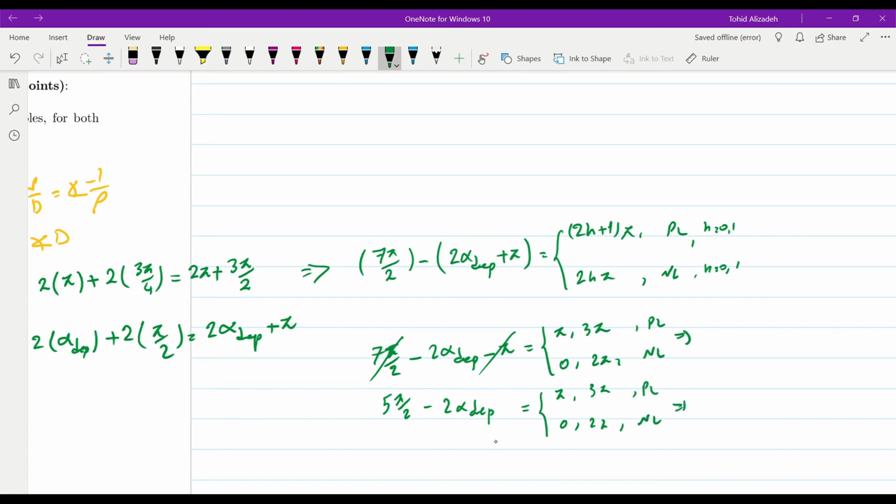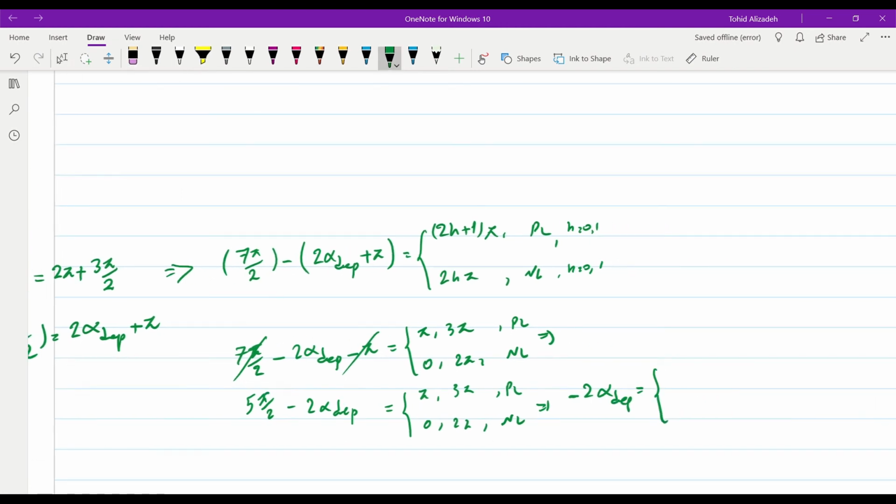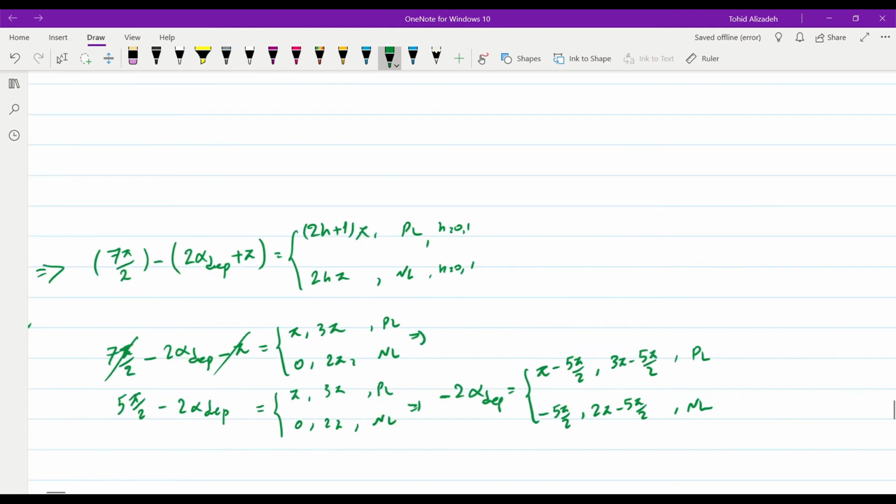Then we will have minus 2 alpha departure will be equal to the values that we have here minus 5 pi over 2. So we'll have pi minus 5 pi over 2, 3 pi minus 5 pi over 2, 0 minus 5 pi over 2, and 2 pi minus 5 pi over 2 for the positive locus and negative locus.